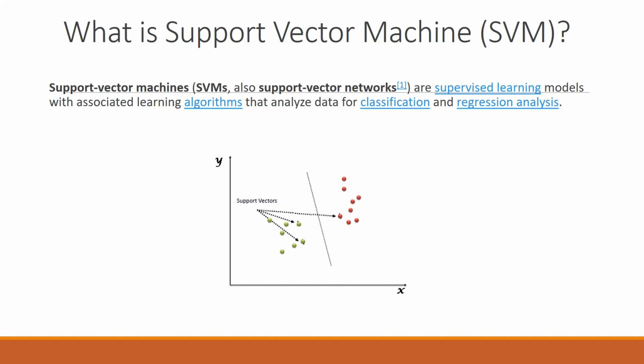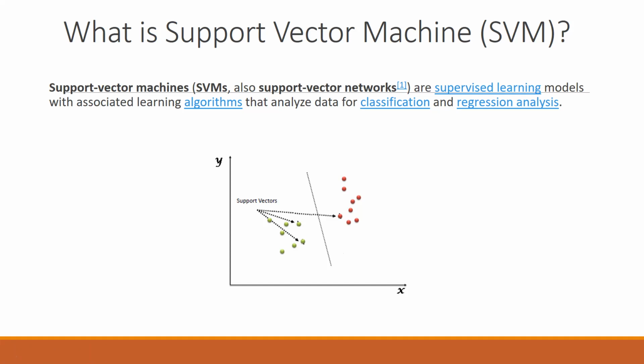In the SVM algorithm, we plot each data item as a point in n-dimensional space, where n is the number of features you have, with the value of each feature being the value of a particular coordinate. Then, we perform classification by finding the hyperplane that differentiates the two classes very well. Just look at the snapshot on this graph.